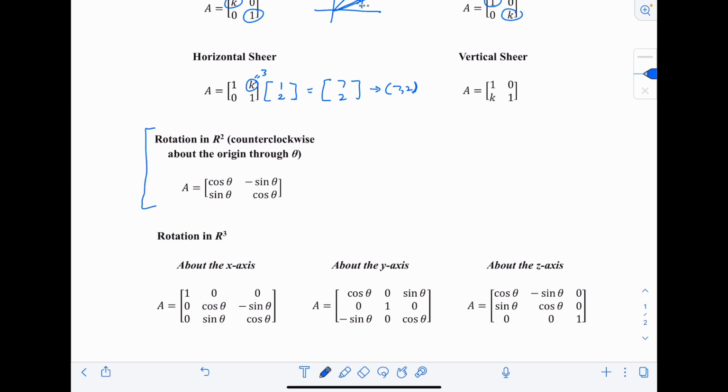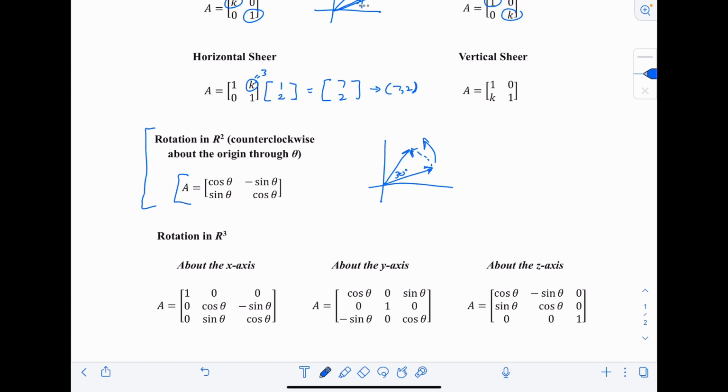Here I have a vector, and I want to specifically rotate that vector in a counterclockwise direction a certain number of degrees. So if I rotate, let's say 30 degrees, it would be in a counterclockwise direction through the angle 30 degrees. And the way that we create that transformation is through this matrix right here.